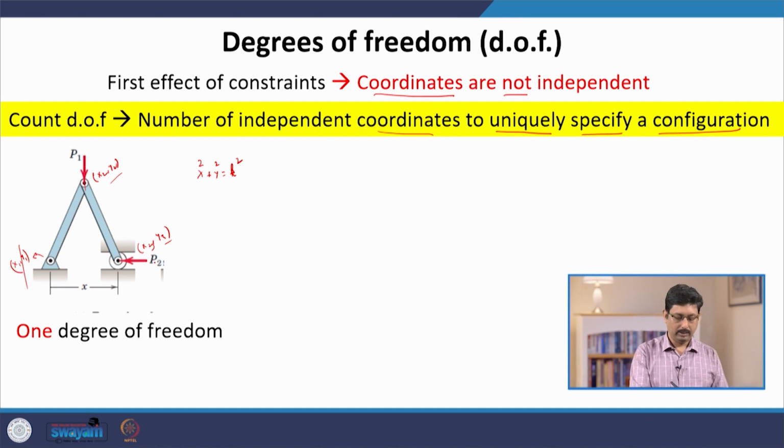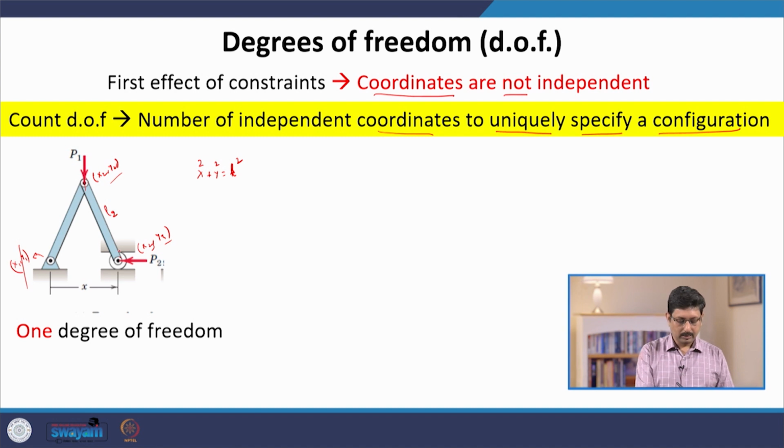And similarly, if you change the position of this point, then this point will also automatically change. So, why are they not independent? Because the distance between these 2 points represents the length of this rod, and this is a constraint. So, this is one constraint in the system.